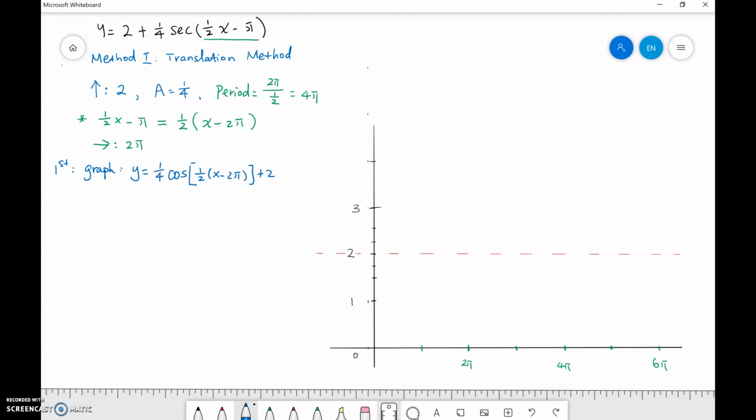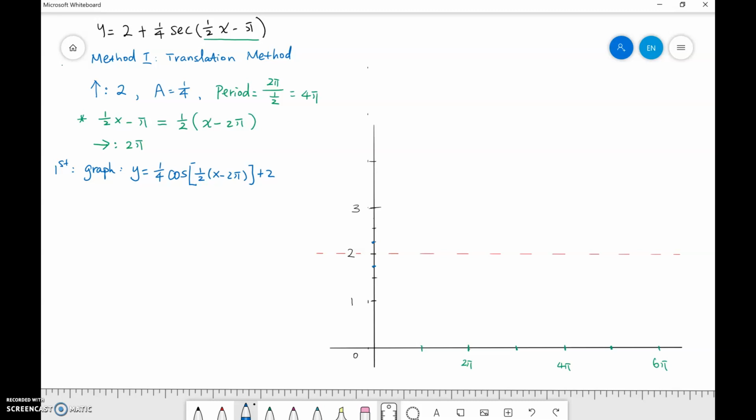The amplitude is going to be 1/4, so I have my landmarks here. This is about a quarter above the 2 line, and then a quarter below the 2 line. The period is going to be 4 pi, starting from here all the way to here.